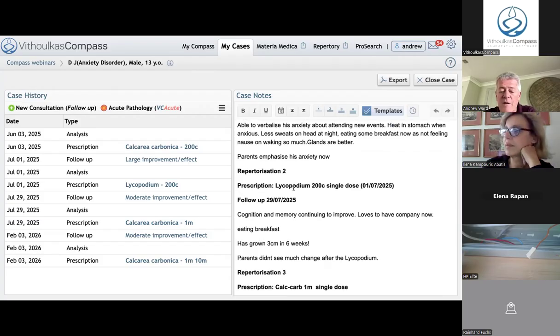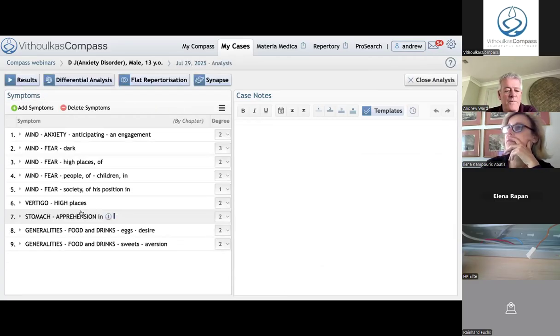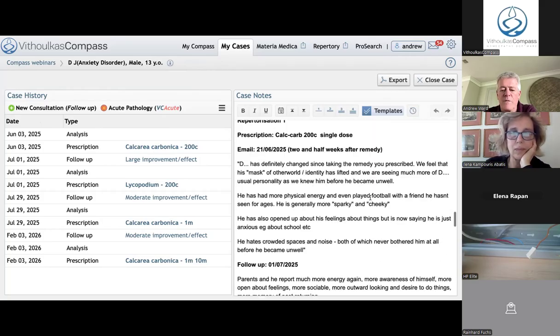Parents said they didn't see much change after the lycopodium. That meant that wasn't already happening. So looking at the analysis again, it's pretty much the same. And we know also that lycopodium generally loves sweets.